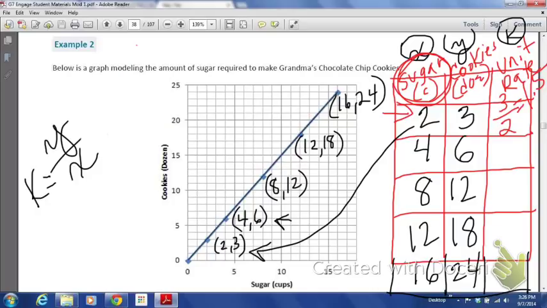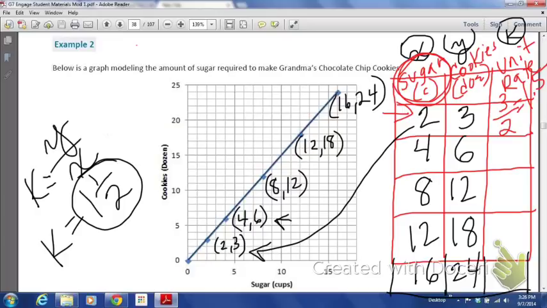And what would that mean if our k was 1 1/2? It means we would get 1.5 dozen cookies for every cup of sugar. That's what our unit rate is going to mean.